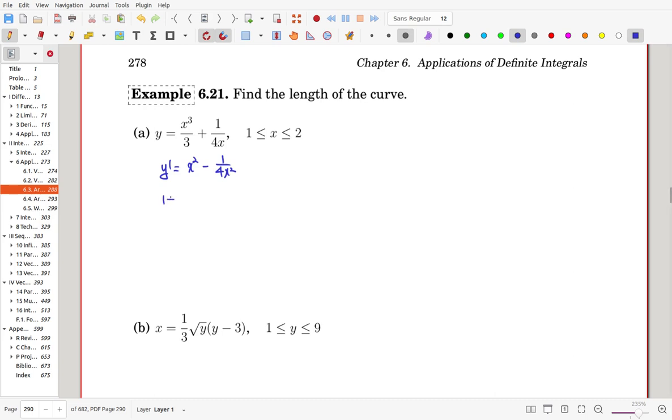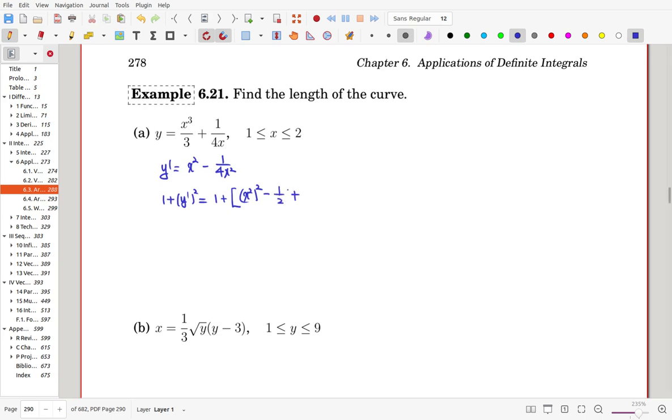So 1 plus y prime squared is the same as, now 1 plus, okay, here x squared and minus 2ab, so that is half. There is a minus, so that is minus half, 2ab is half.